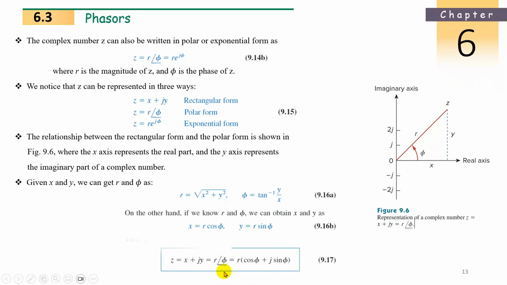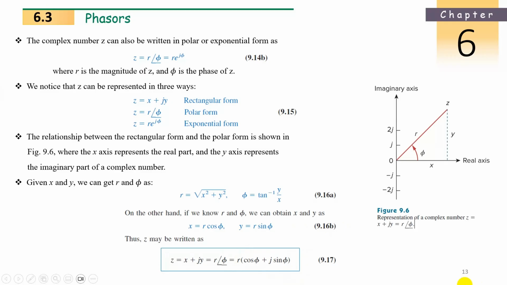So that's why we can write z is equal to x plus jy in the rectangular form, and r at an angle phi in the polar form. We can also rearrange it in terms of cosine and sine terms, phasor now converting to sinusoid. So we can write r times cos phi plus j sine phi.